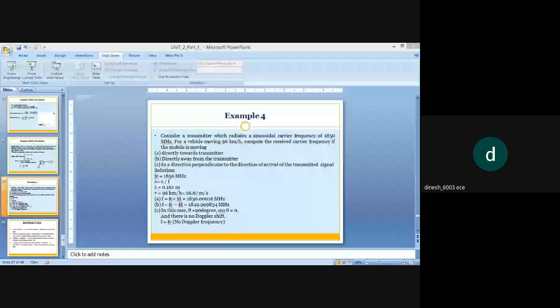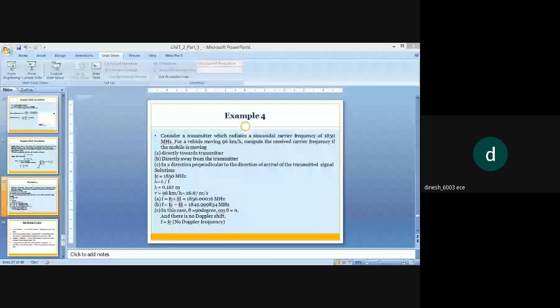So cos 90 is 0, so there is no Doppler shift, and Fs is equal to the received frequency.